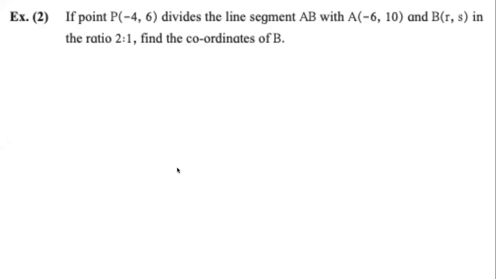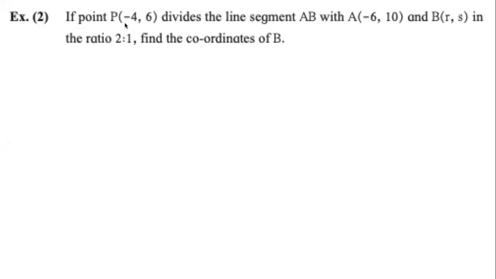Example number 2, page number 113. Nothing, no new logic, no new theory, but another type of question. It says if point P(-4, 6) divides the line segment AB. So the point that divides the line segment is very clearly given. The coordinates are minus 4 and 6.